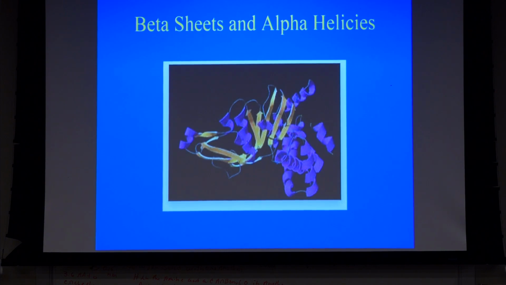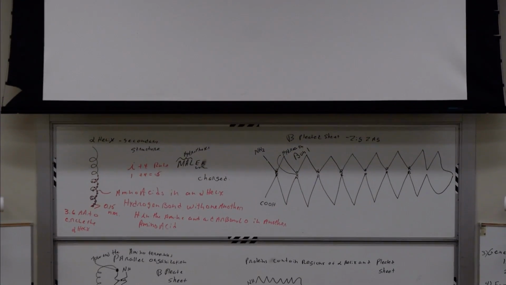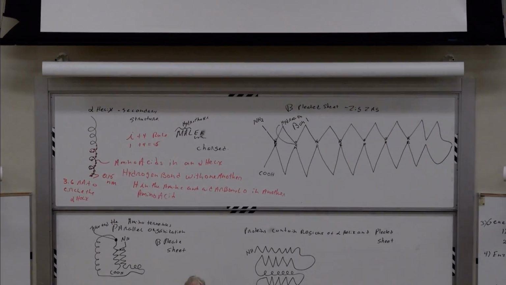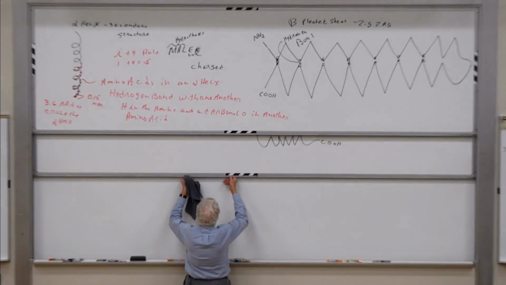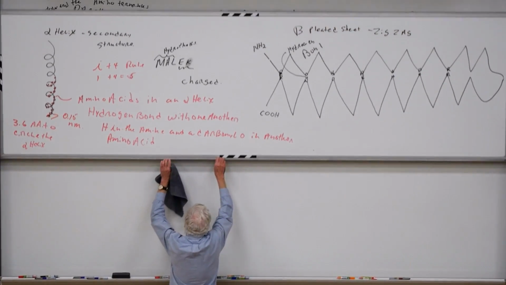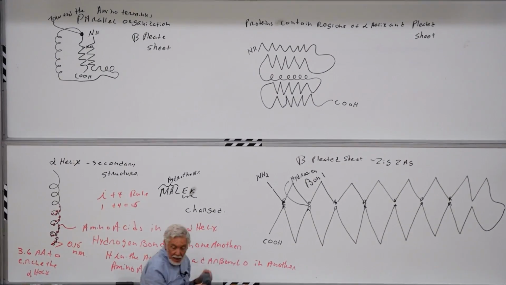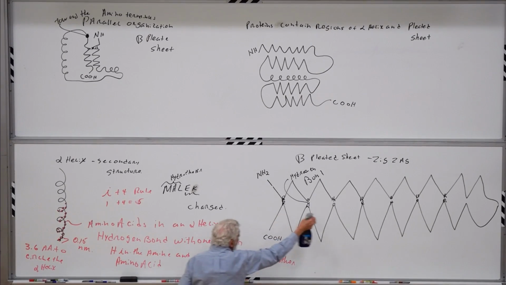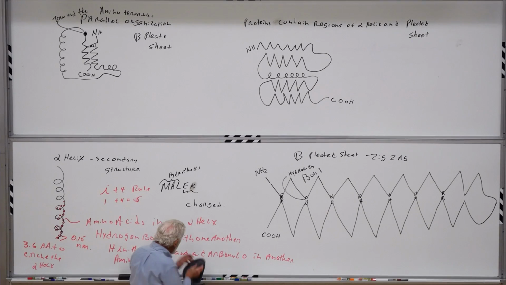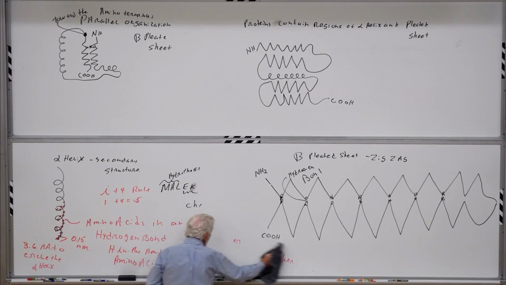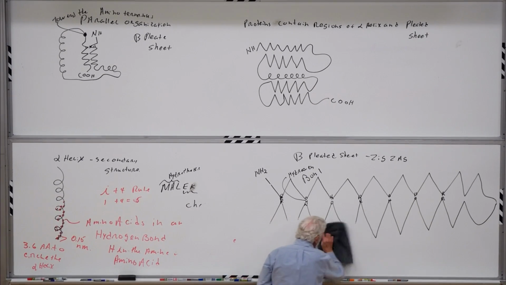So let's take the upper panel. And label this as the three-dimensional shape of proteins.